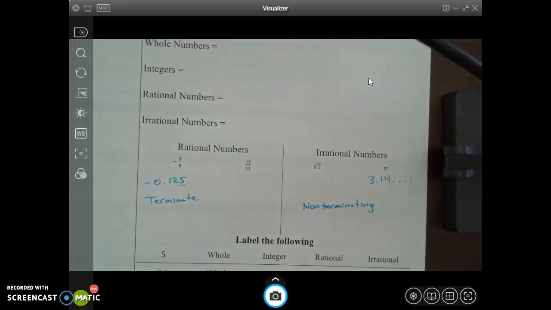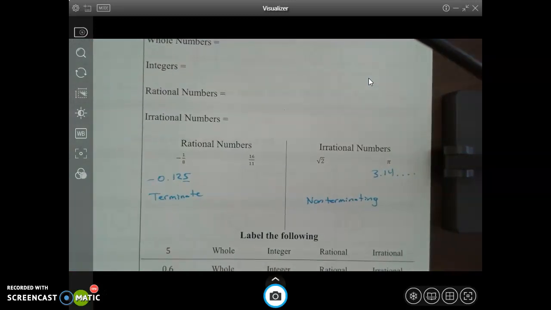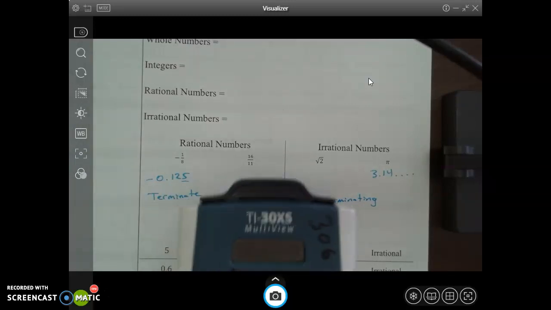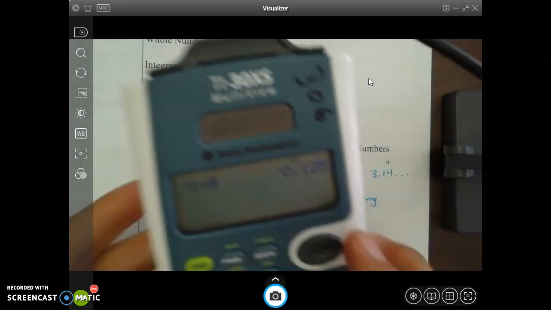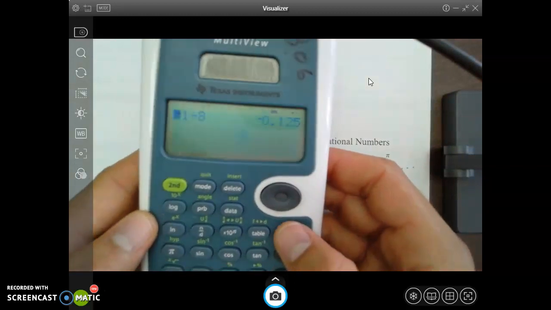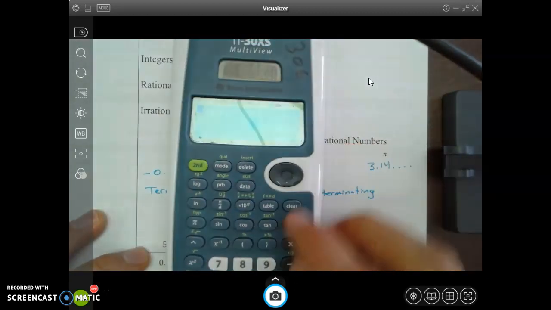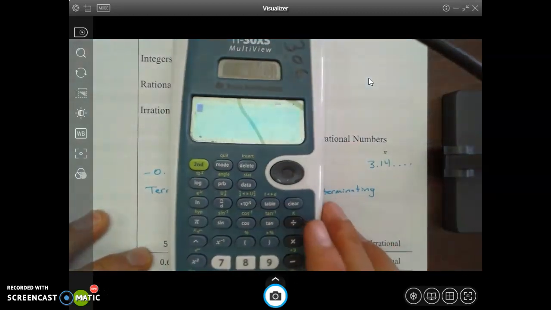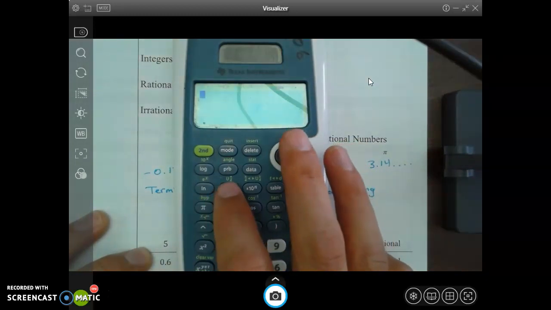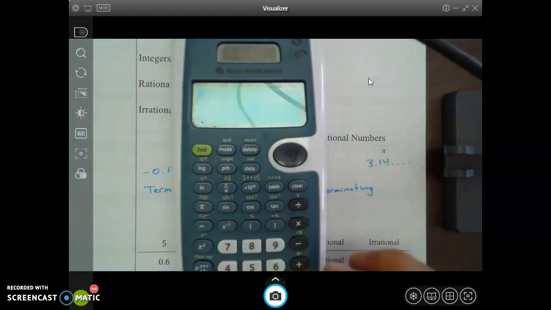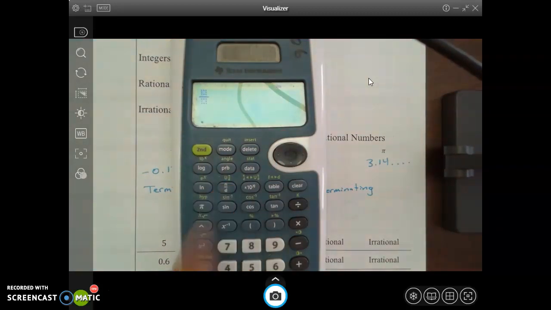Okay? And another distinction between rational and irrational numbers, if we take a look at 16 over 11, I'll show you the other way to convert a fraction to a decimal. I wanted to show you this n over d key because you will be using it a lot throughout Algebra 1. This n over d key here is your fraction button.